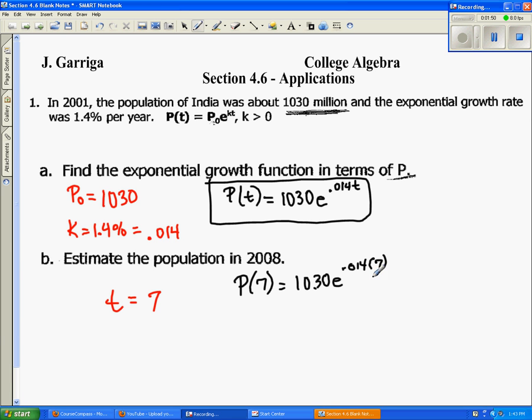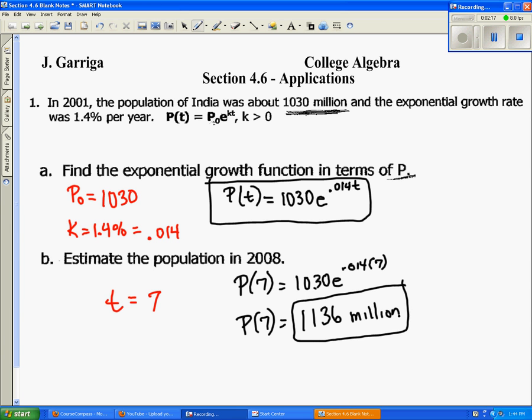Now in my calculator I want to put this in first, that times that. I want to raise e to whatever this value is times 1030. So P sub 7 is 1,136 million. That's what the population is going to be in 2008.